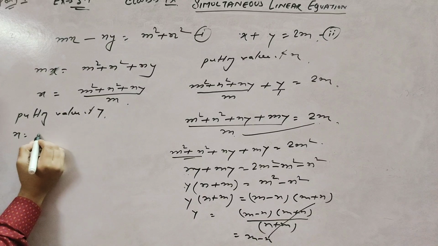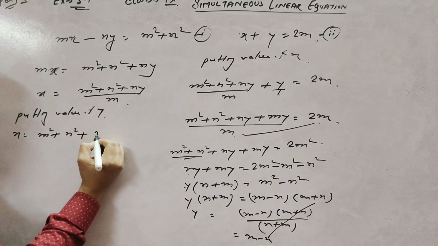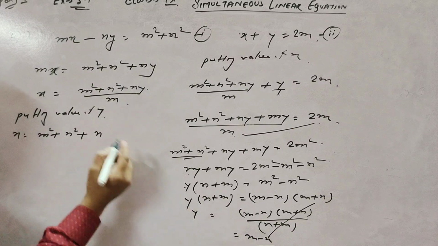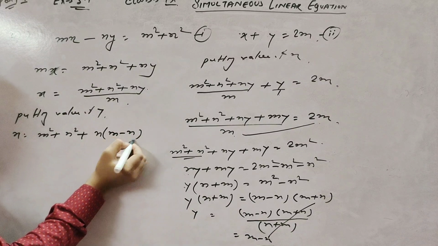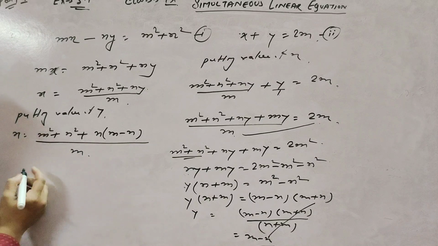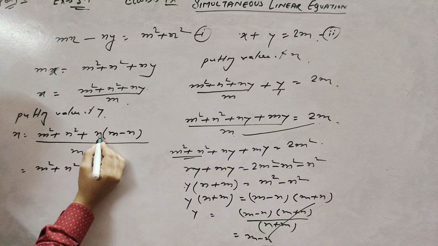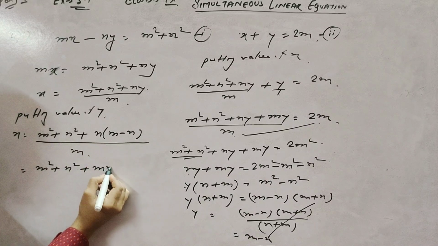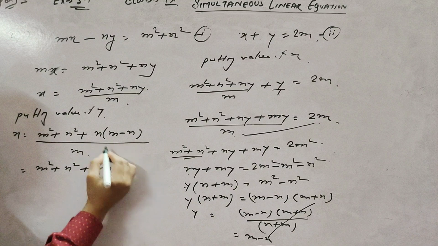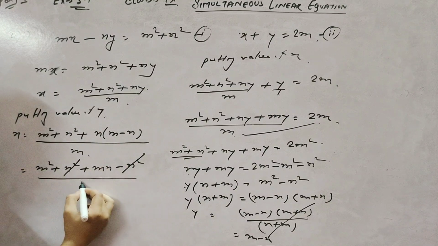So x equals m square plus n square plus n, in place of y we write m minus n by m. Okay, so you see n square plus n into m, that is mn plus minus minus n square. This n square cancels, by m.